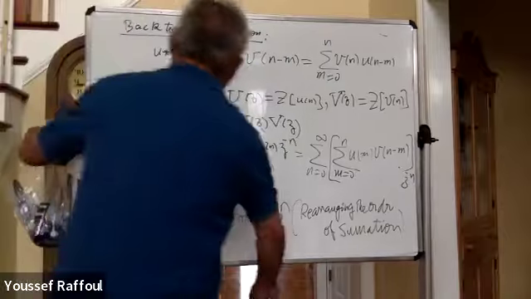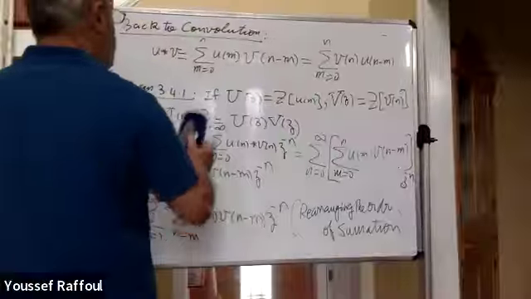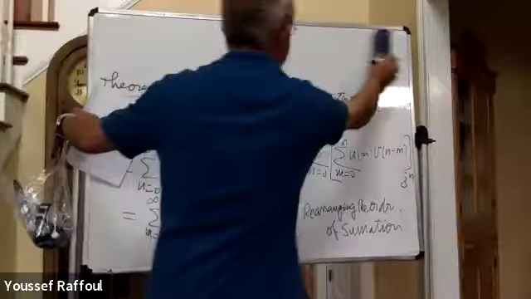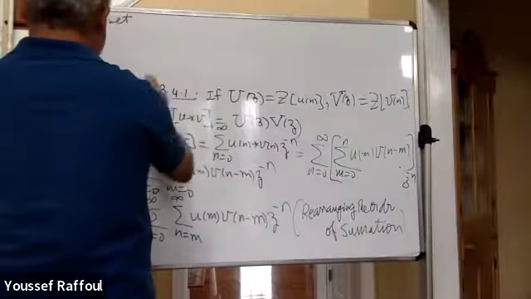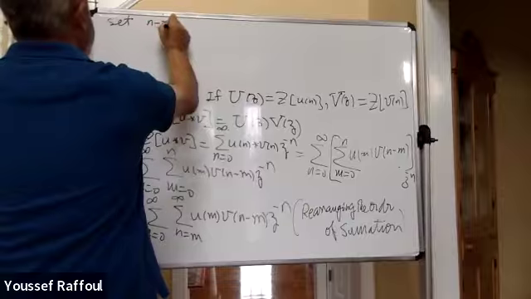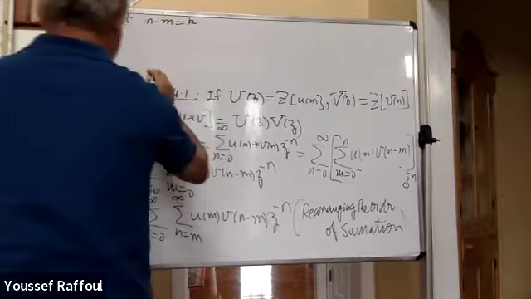Now we are going to set n minus m equal to k.